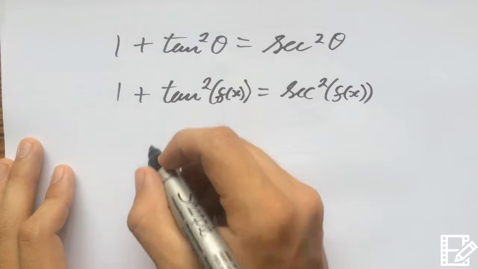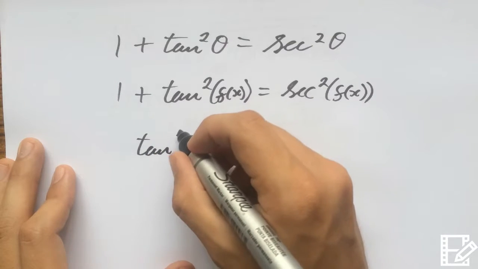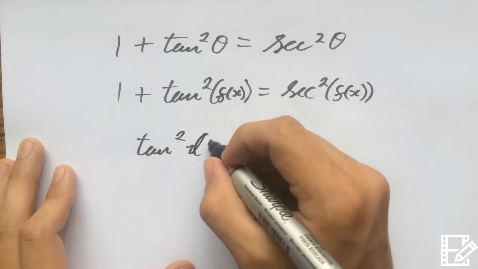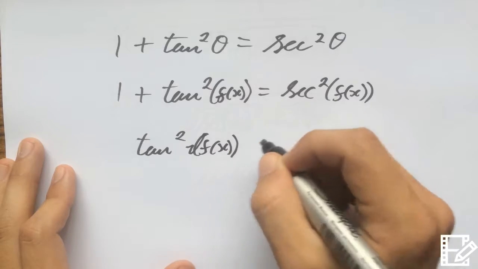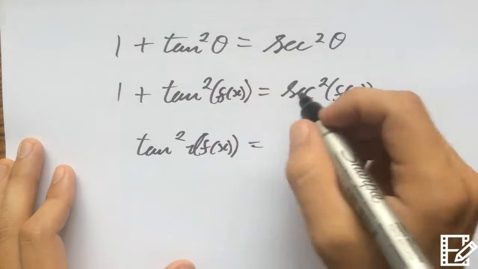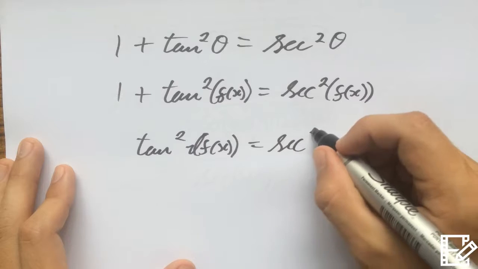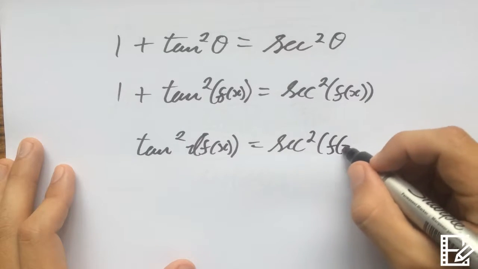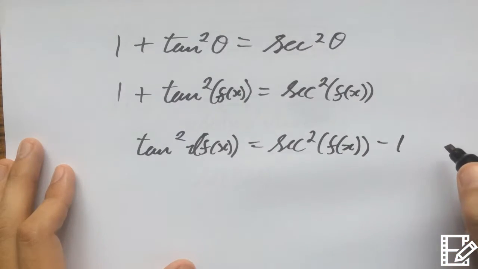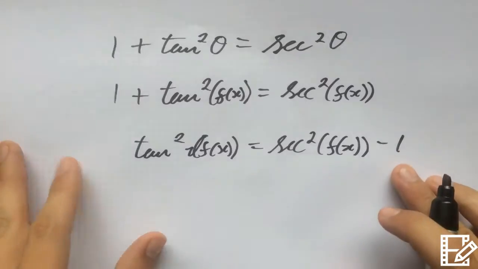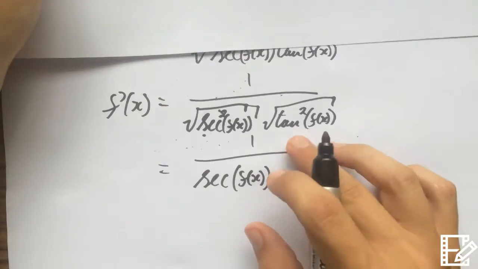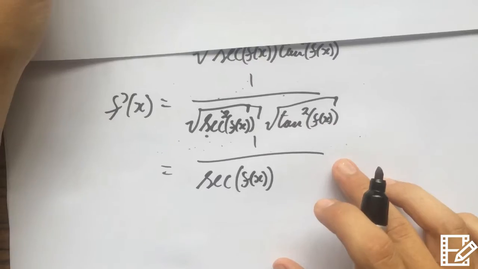Okay, now I want to get tan squared f(x) on its own. So how will I do that? I will subtract 1 on the other side. And what we're left with is sec squared f(x) minus 1. Now this is good because we have a tan squared f(x).